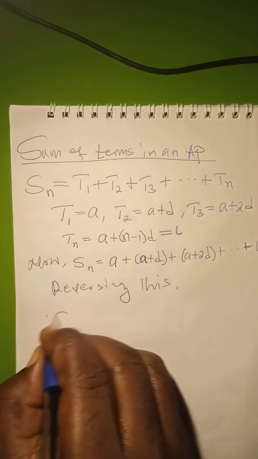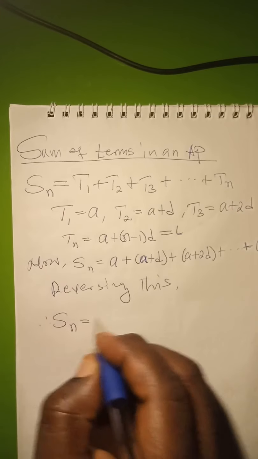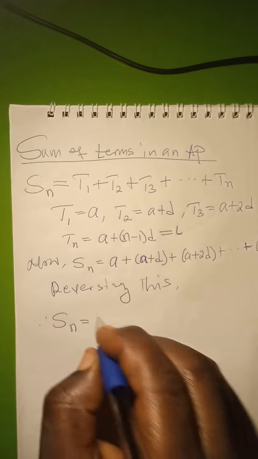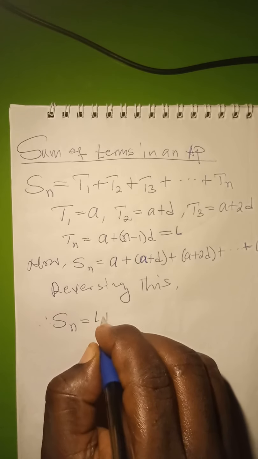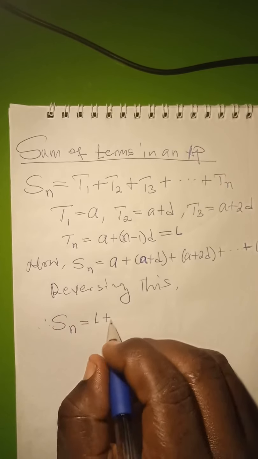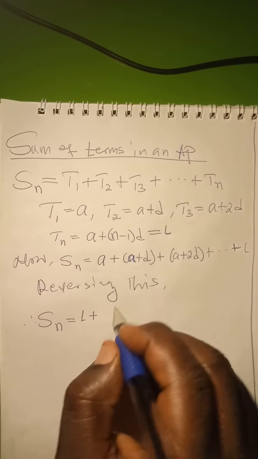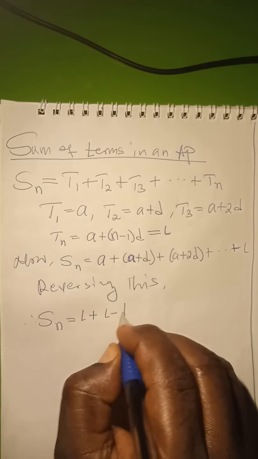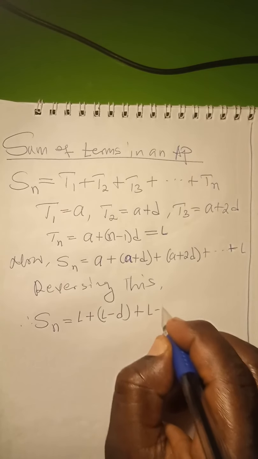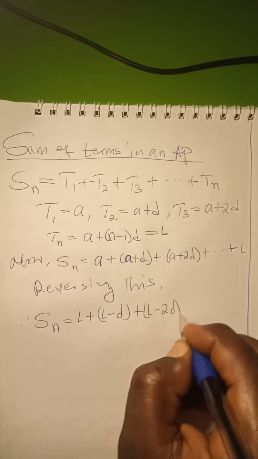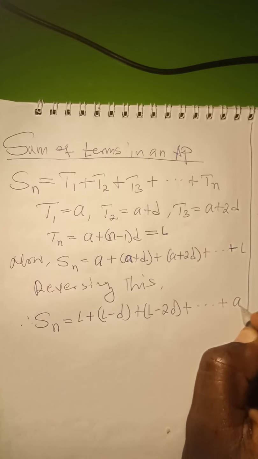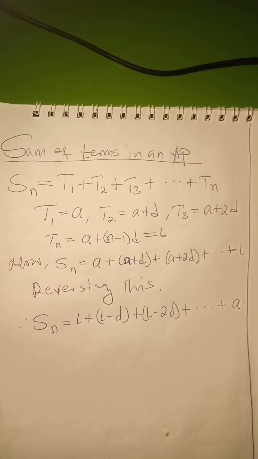Sn is again equal to, starting with the last term, L, plus the term just before L, which is L minus D. Think about it carefully. Then plus L minus 2D, then plus continuously up to the first term A. See that? This is what we have.